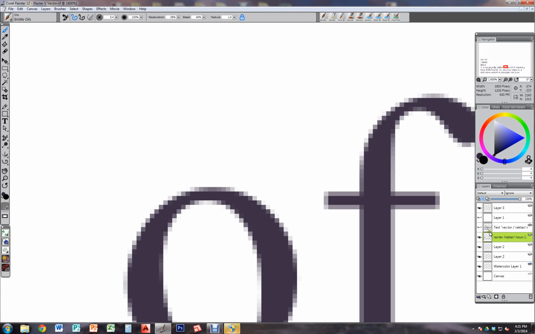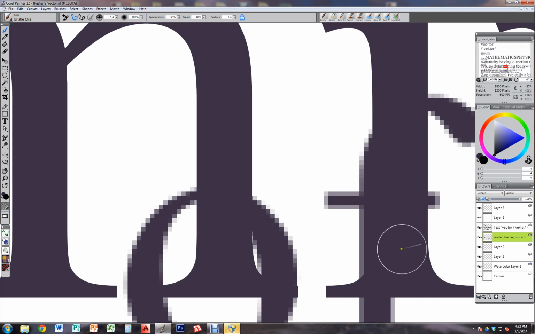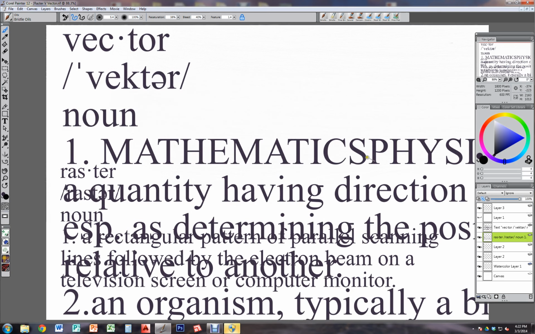I actually just transformed this text, and when it asked me if I wanted to commit to rasterizing the image, I said I did, and now it's rasterized. So you want to be careful when you say that you want to commit to rasterizing an image, especially when it's text. You probably want to keep that as editable as possible for as long as possible, as we talked about in the text video.